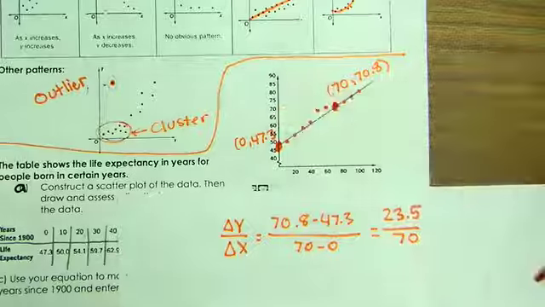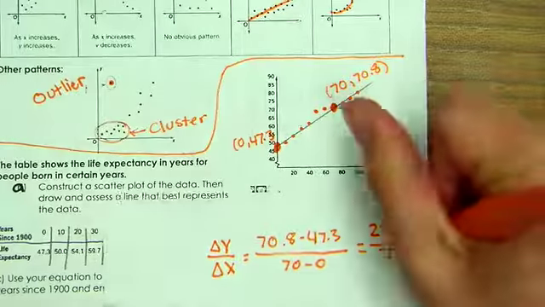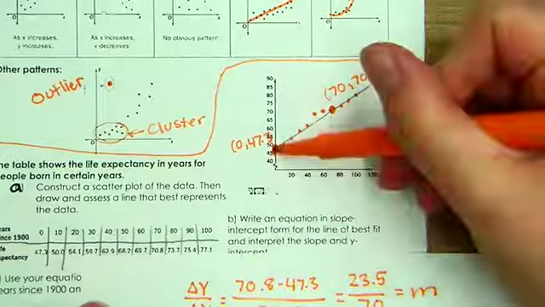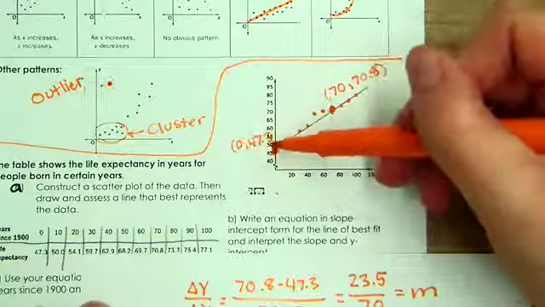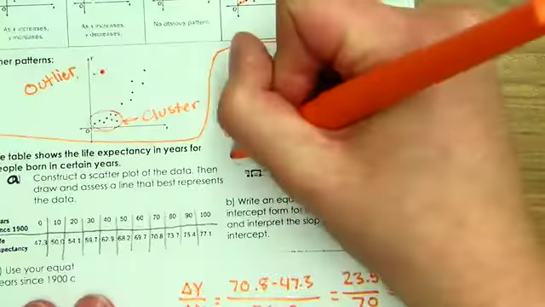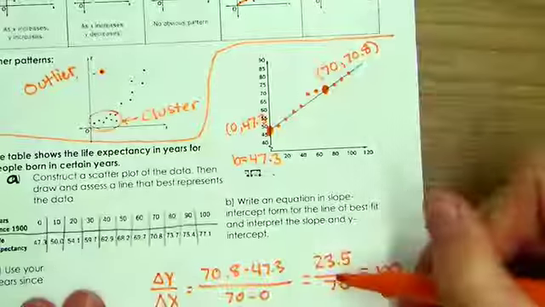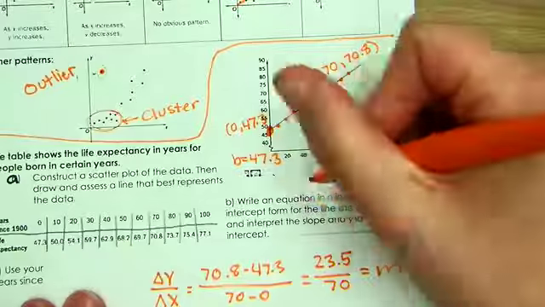So we'll use that as our slope. And then our y-intercept we can see right here, when x is 0, y was 47.3. So our y-intercept is 47.3. And we can use this slope and the y-intercept to write our equation.